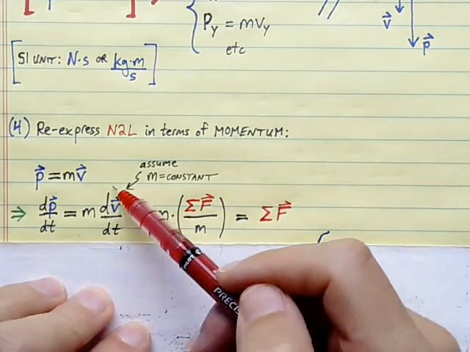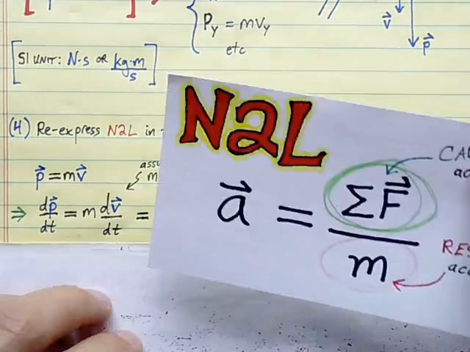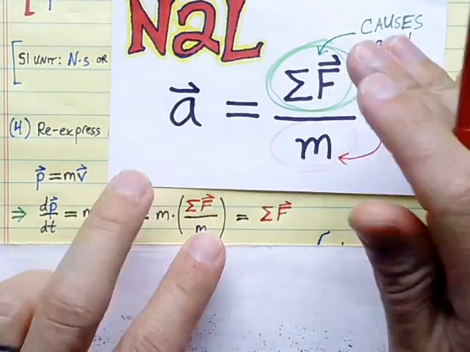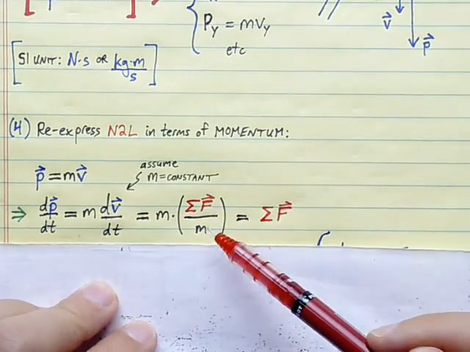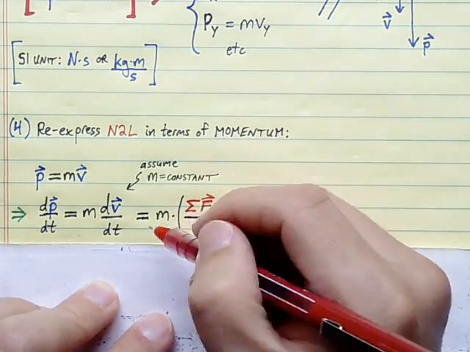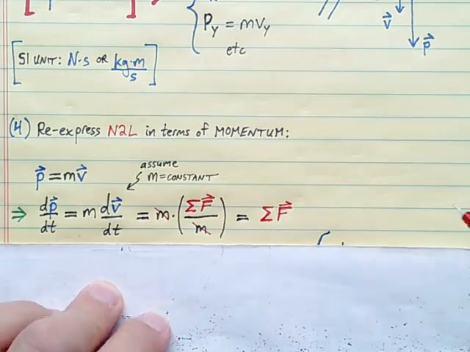And looking here, dv/dt, that is acceleration. And acceleration is equal to net force over mass. So we can replace dv/dt with net force over mass. So we're using Newton's second law here. And doing so, we see that we've got a mass and a mass that will cancel, leaving net force.